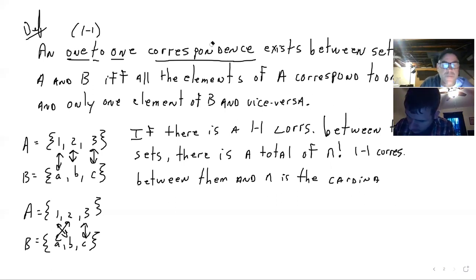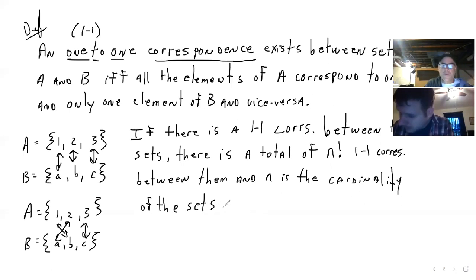So, cardinality of sets. One thing to observe: if n is the cardinality of the sets, the only way there can be a one-to-one correspondence between 2 sets is if they have the same cardinality, and that is true.